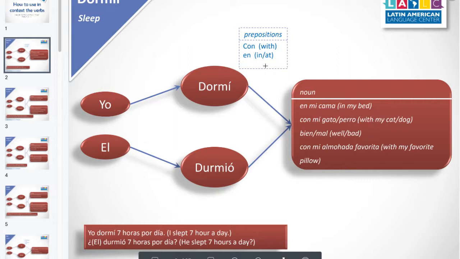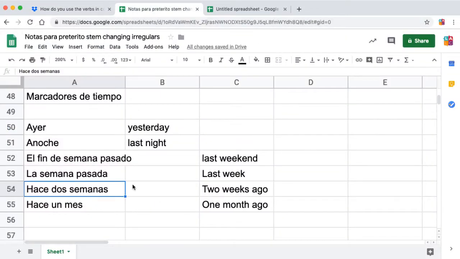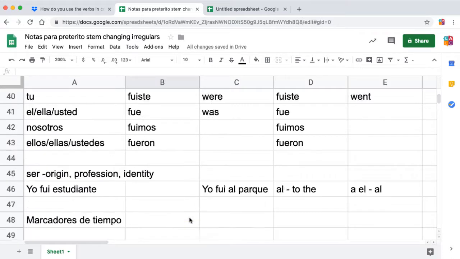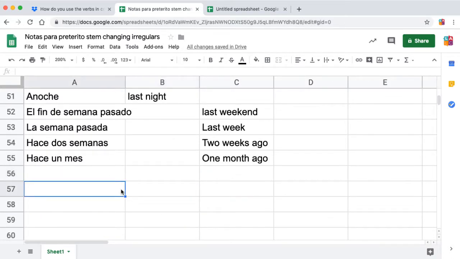I slept in my bed yesterday. Just give me 5 examples of each, combining them with these guys, with ayer, yesterday. So for example, I will give you one example of each and also how to ask a question with it.